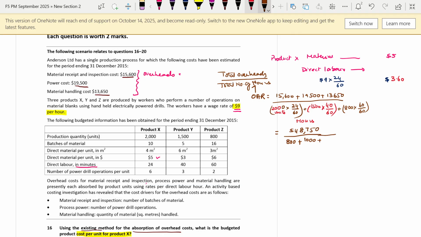Check again my calculations. 800 plus 1,000 plus 800. $48,750 divided by the total hours. 1,500 times 40 divided by 60 minutes, 1,000, right? Check.